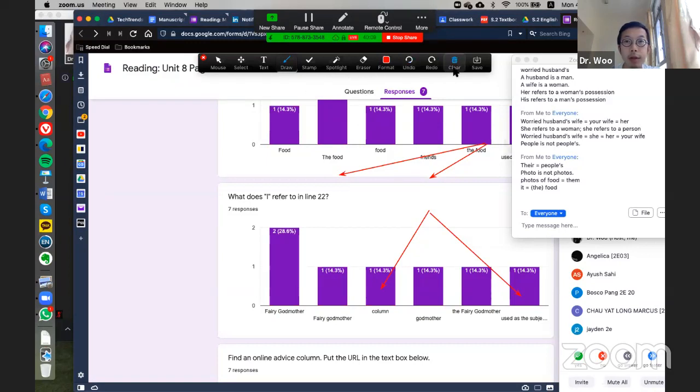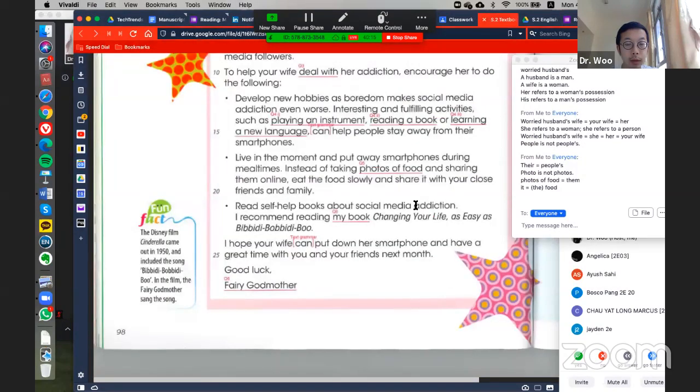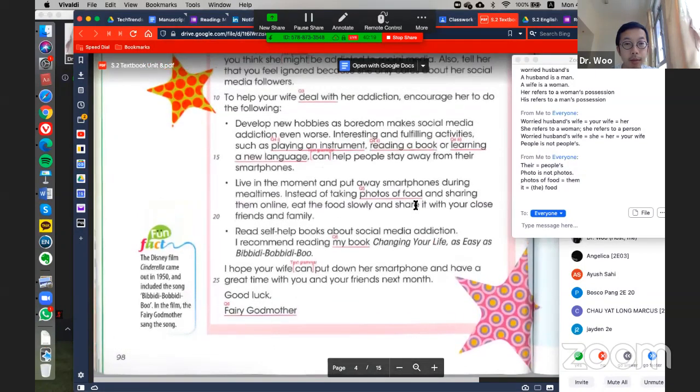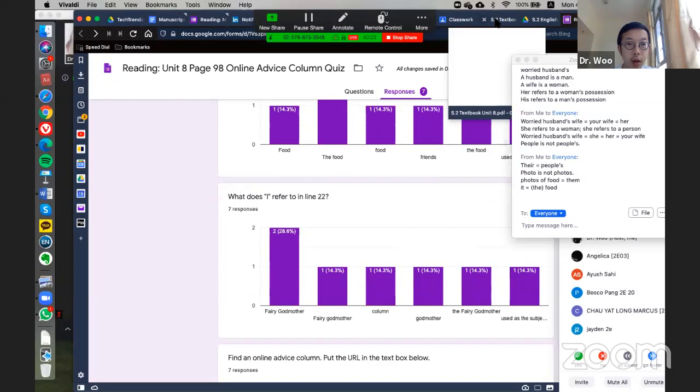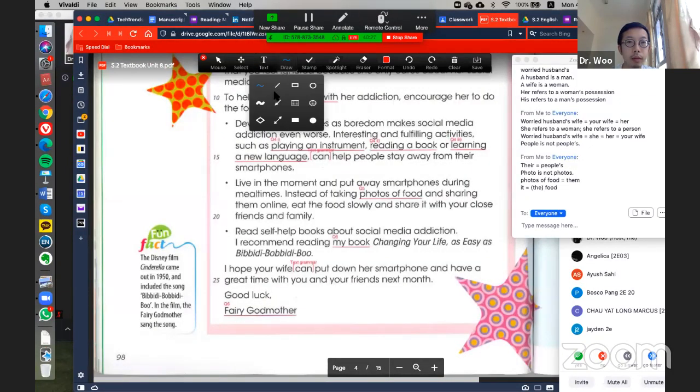So, in this case, I, it's line 24, or line 22. I. Dr. Ayush, who is I?